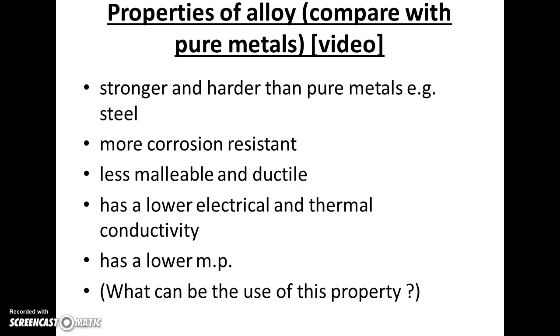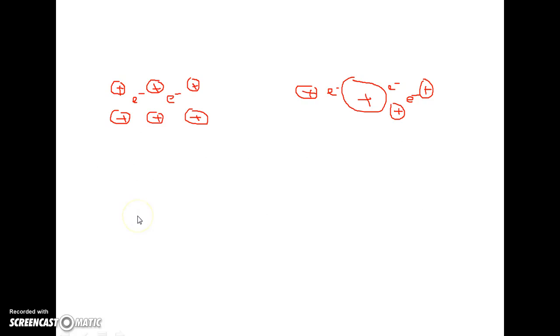So that will be quite nonsense. So we need to make it stronger by mixing some impurities into it to reduce the malleability and ductility of the metals.